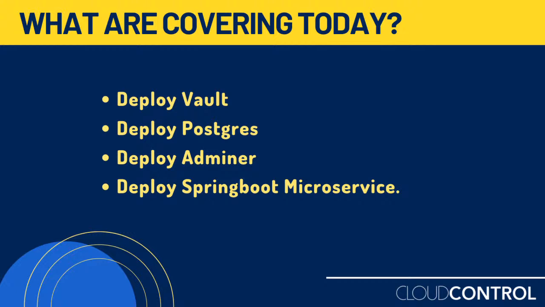We have selected Adminer in this case. It will give you a web-based browser interface through which you can look at the database and do minor admin tasks. And lastly, we are going to deploy the Java Spring Boot application, which will connect to the Postgres database, and we will show you the screen which the Spring Boot application presents. So a big long intro, Rajat, but let's get started.